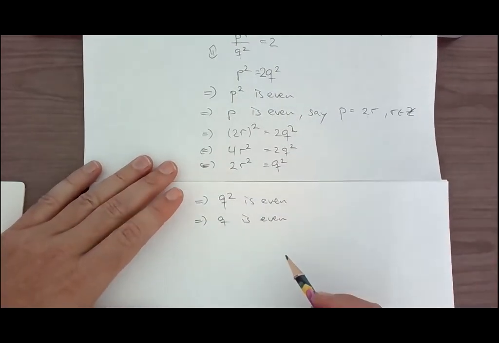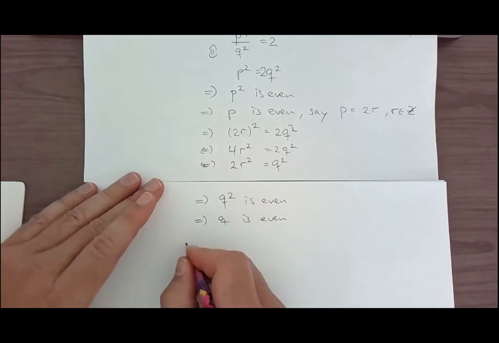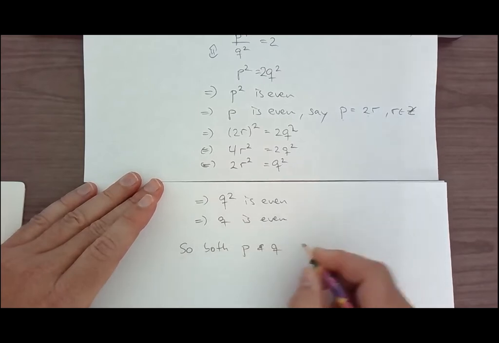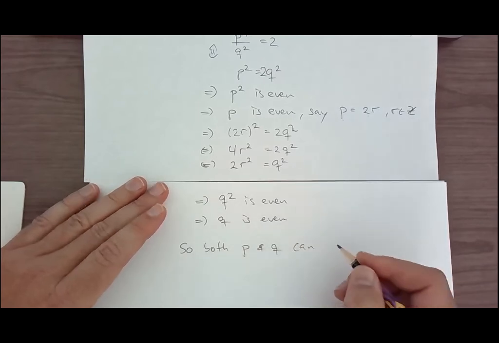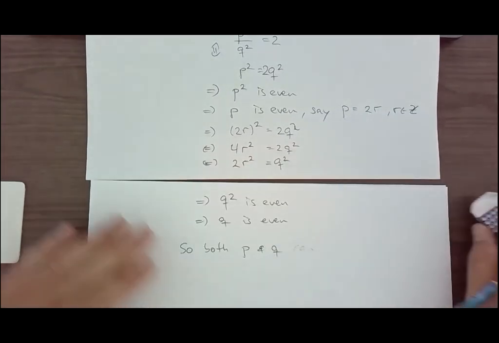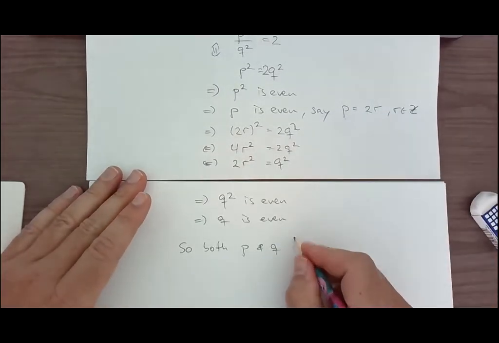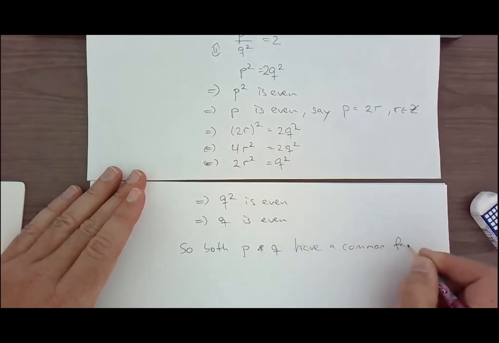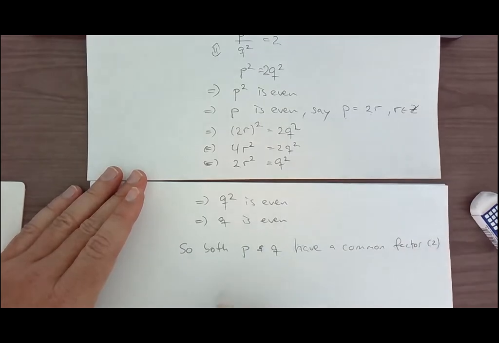So they have a common factor of 2. So P and Q have a common factor. Here it will be 2, and this is a contradiction.